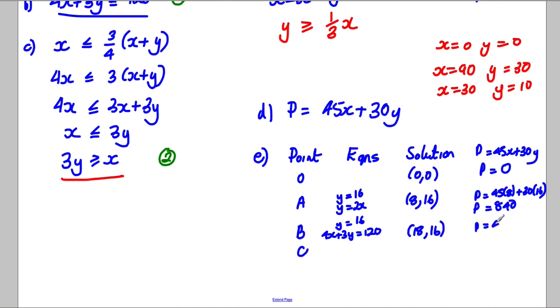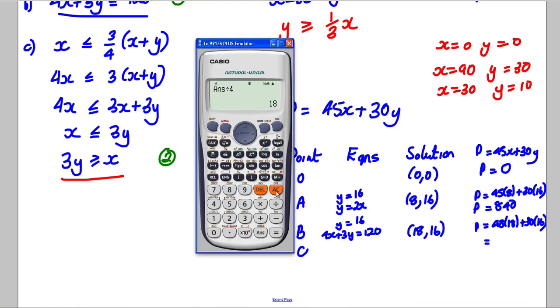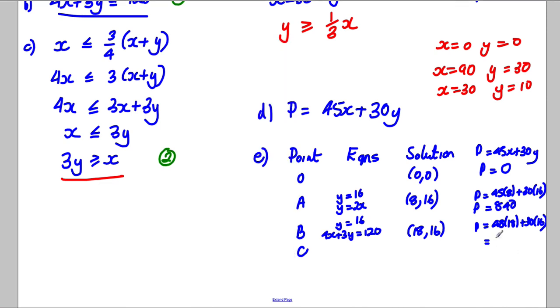So the profit here would be 45 multiplied by 18 add 30 multiplied by 16. So the profit in this case is going to be bigger. And I get myself £1,344.